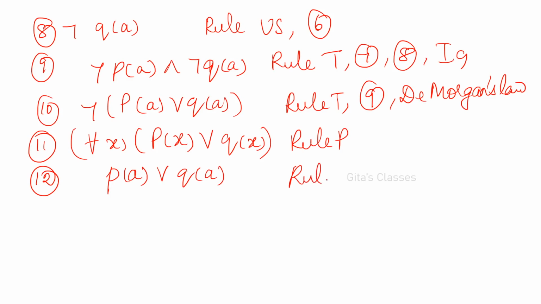Right, this is rule T, a rule universal specification. From this I am writing for one element. So this is rule universal specification from step number 11.